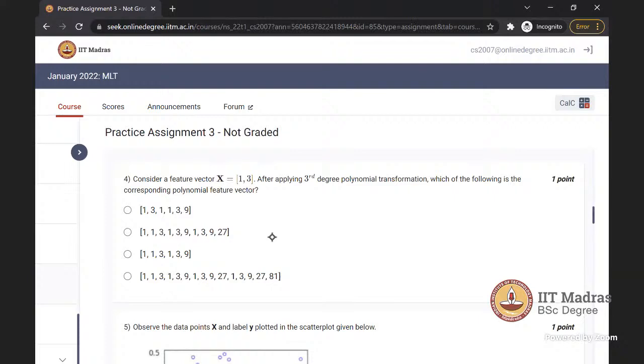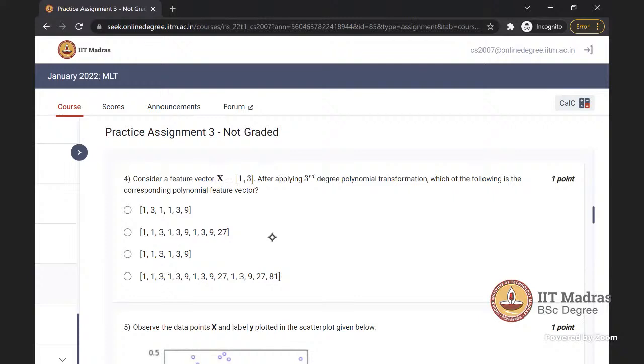Option 3. Okay. Anybody else? So degree 3, not 2. I think it's option 2. Yes, it is 1, 1, 3, which is of degree 1.